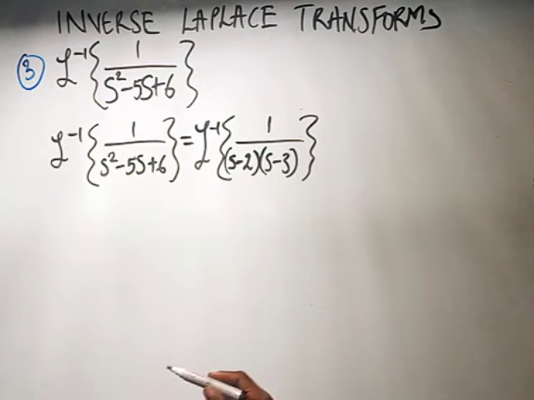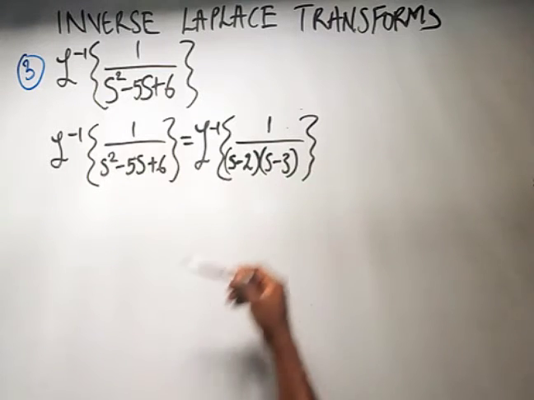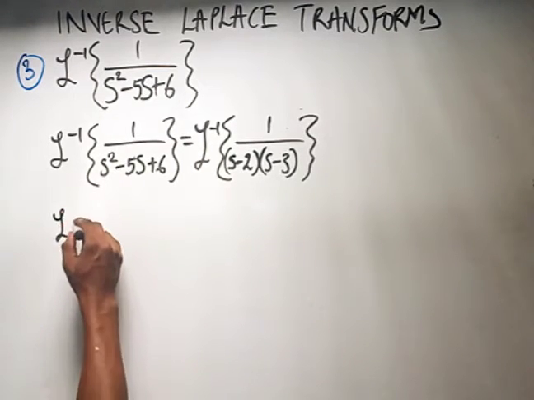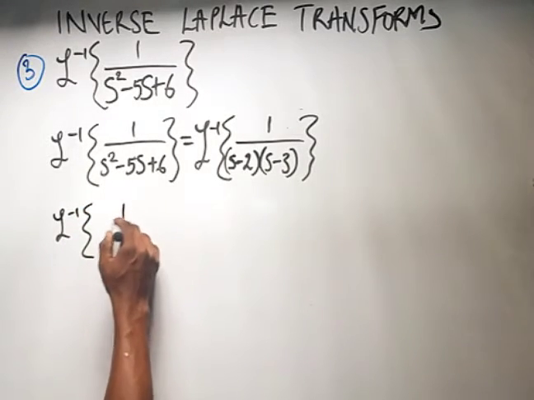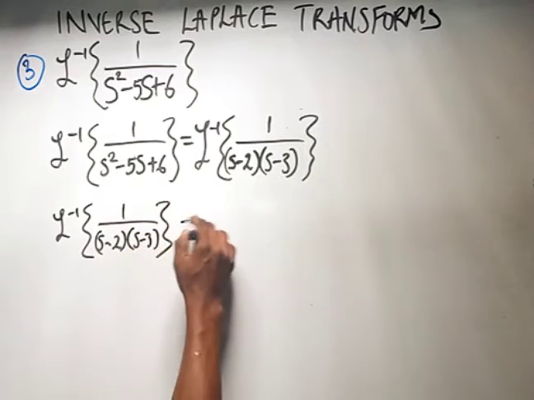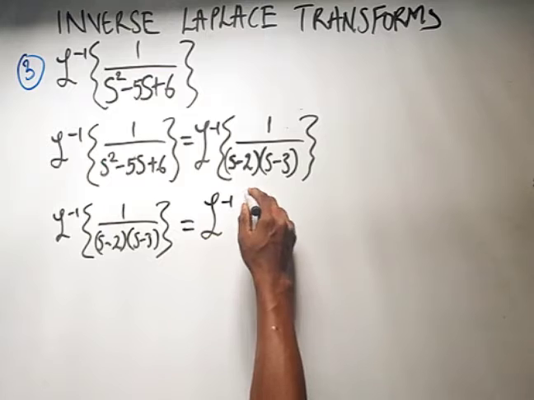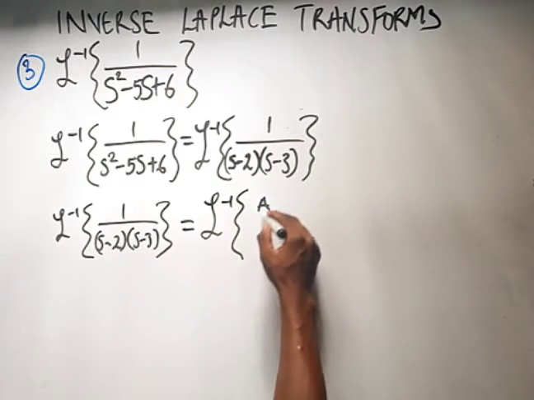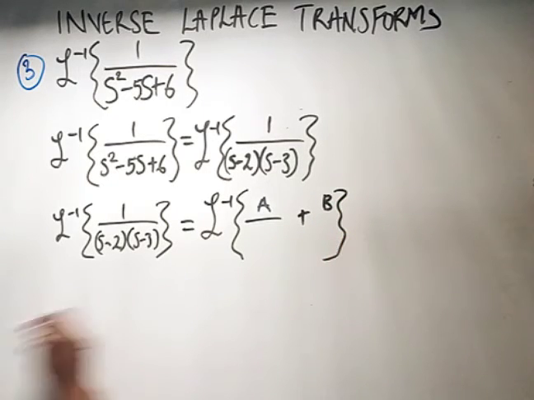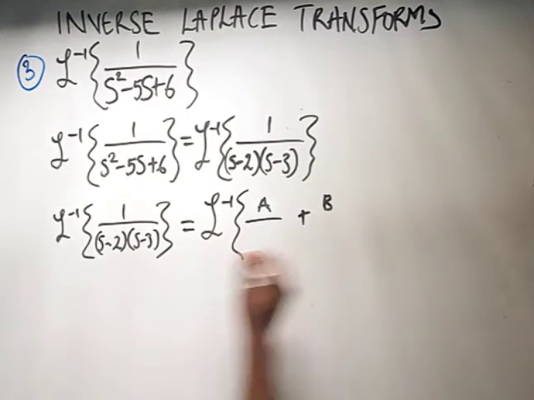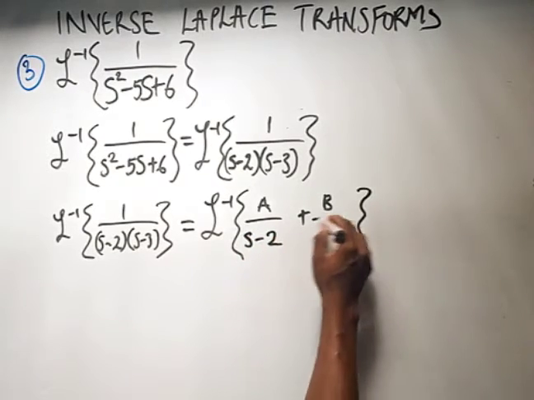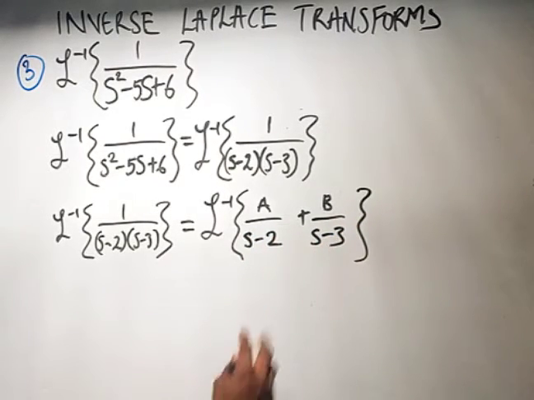So the next thing I would like to do is to decompose this fraction into partial fractions. So I will have that the Laplace inverse of 1 over (a - 2)(a - 3) will be equal to the Laplace inverse of, now I'm going to say constants A and B such that A over (a - 2) plus B over (a - 3) will give us the same thing.